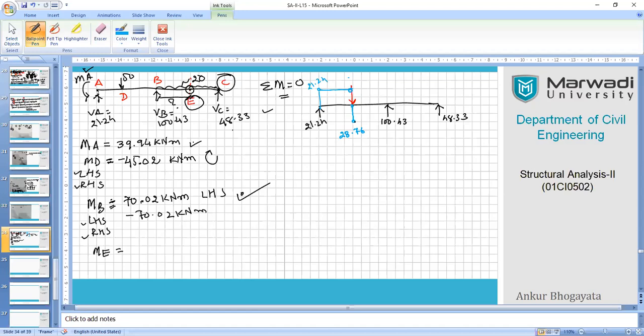From here, we don't have any load variation, so we'll be continuing with this till here, and here we have 100.43, that is going up, so that is positive, this guy is negative, so we'll be deducting 28.76 out of 100.43.